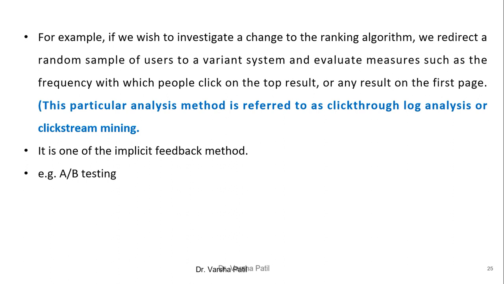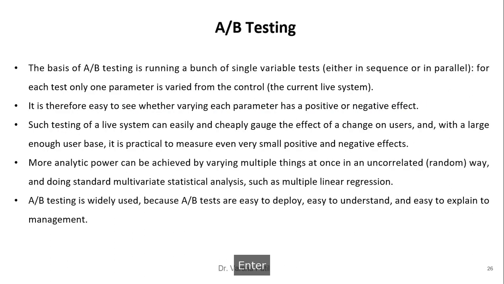For example, if we wish to investigate a change to the ranking algorithm, we redirect a random sample of users to the variant system and evaluate measures such as the frequency with which people click on the top result or any result on the first page. This particular analysis method is referred to as click-through log analysis or clickstream mining. It is one of the implicit feedback methods, and the famous example of its use is A/B testing.